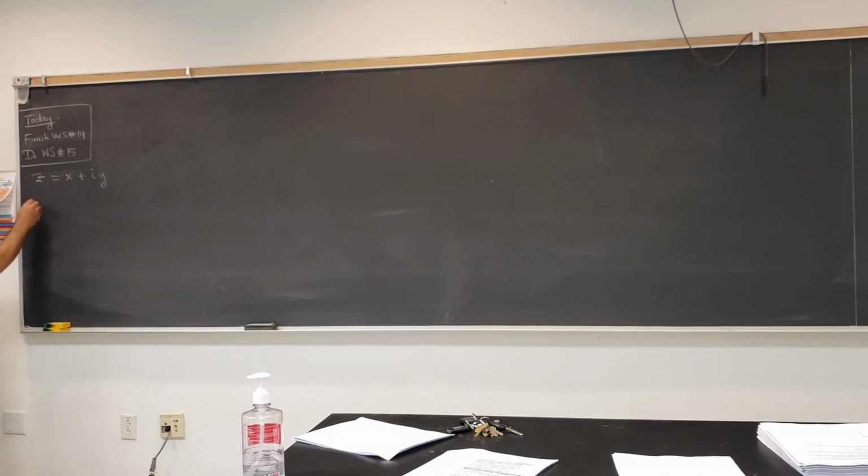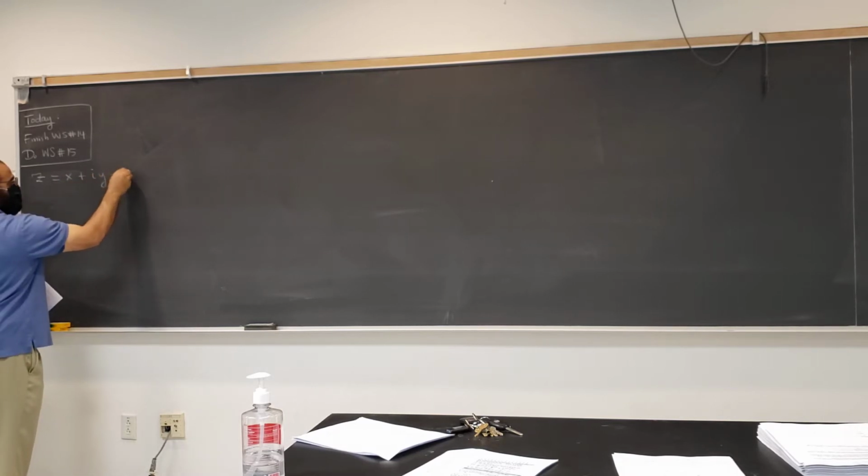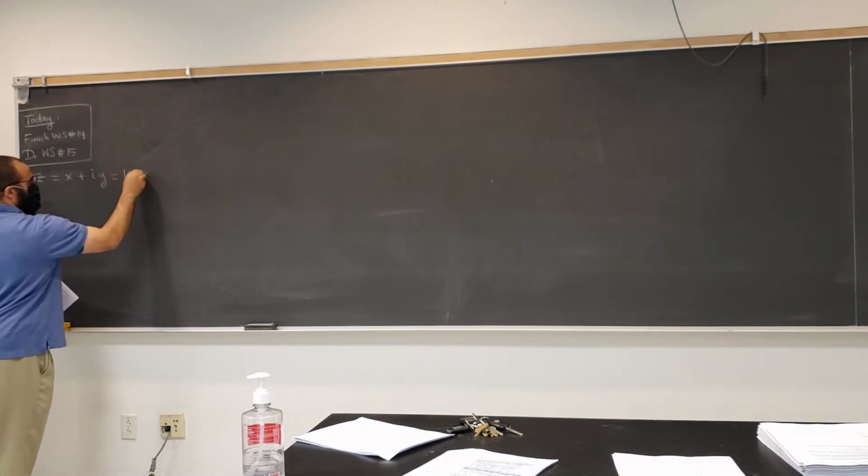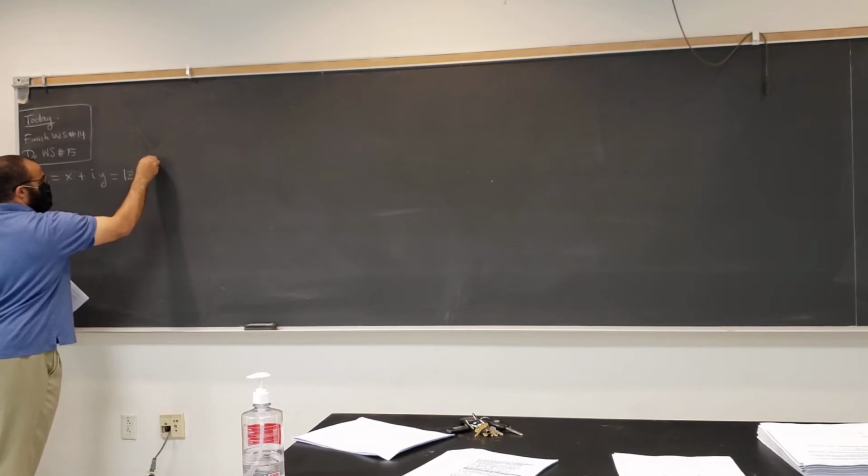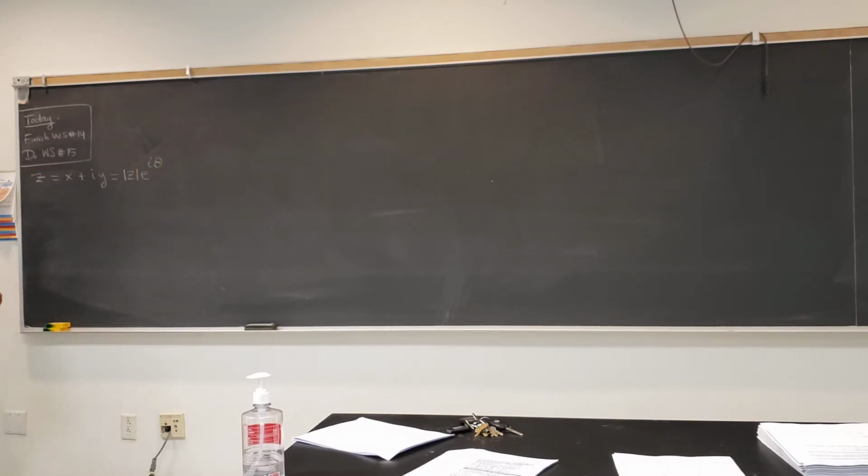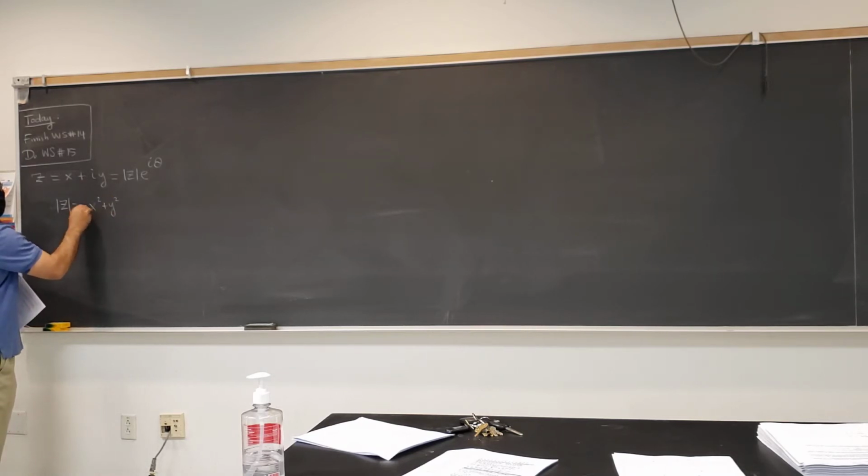And also we can represent z in this form: we can always write it as the absolute value of z times e to the i theta. The absolute value of z is the magnitude of z, which is the square root of x squared plus y squared.